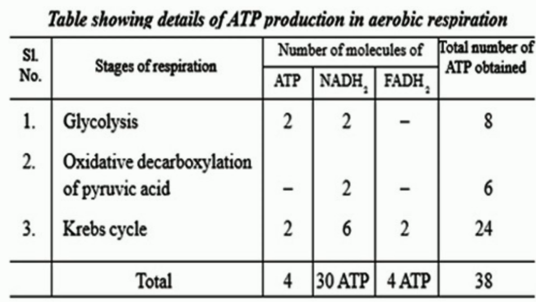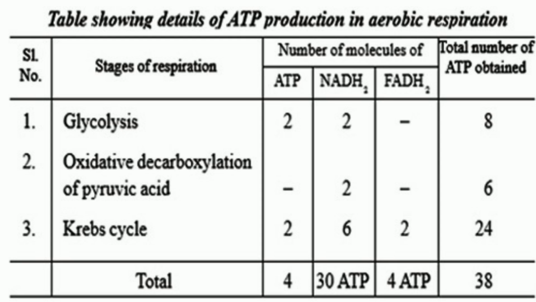2 NADH means 2 into 3, 6. So total number of ATPs obtained is 8. Similarly, oxidative decarboxylation of pyruvic acid yields 2 NADH, which are equal to 6 ATPs.